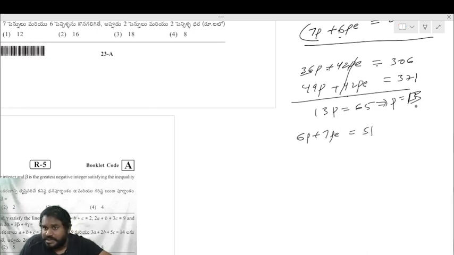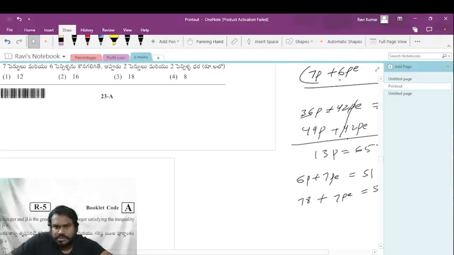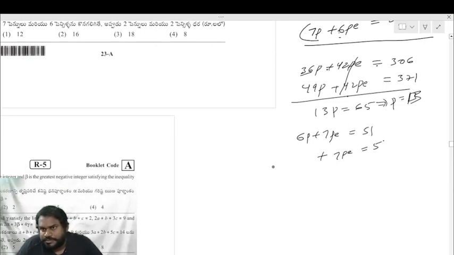We got the pen value as 5. 65 by 13 is 5.